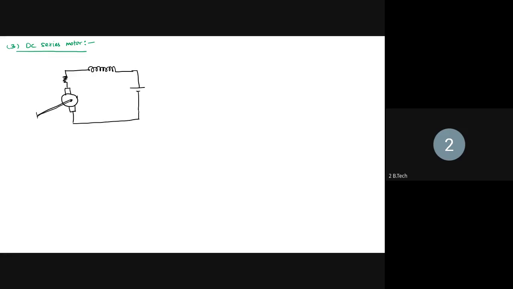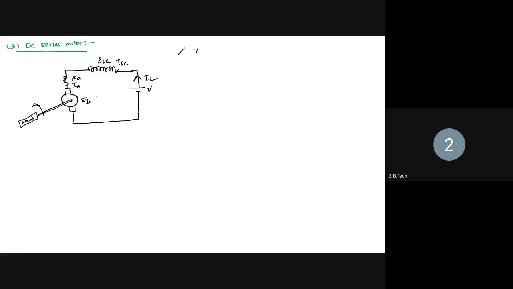Mechanical load. Supply voltage, the line current. Series field resistance, the series field current. Armature resistance, armature current. Back EMF.